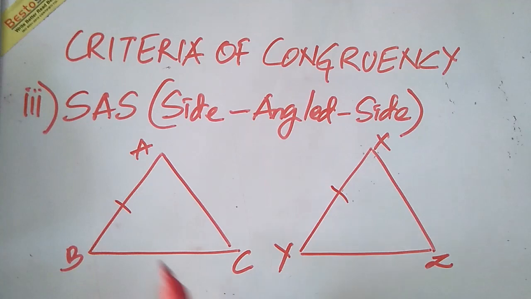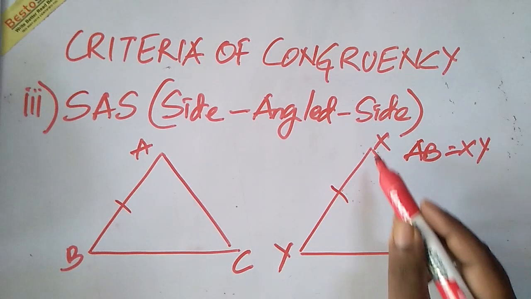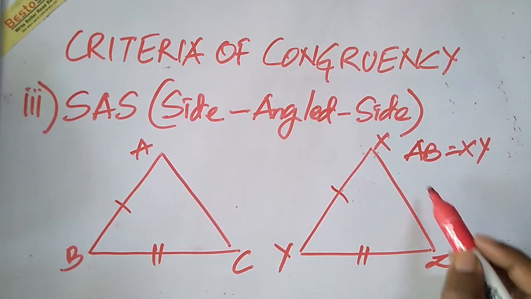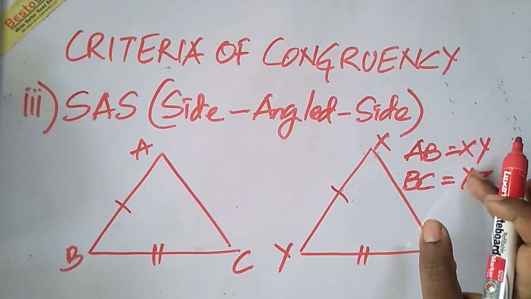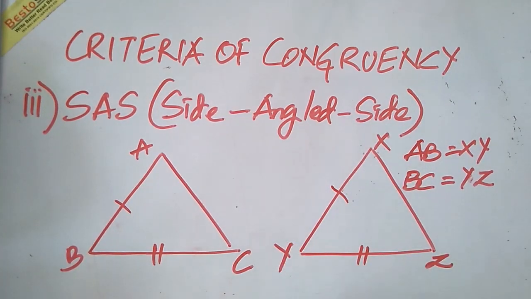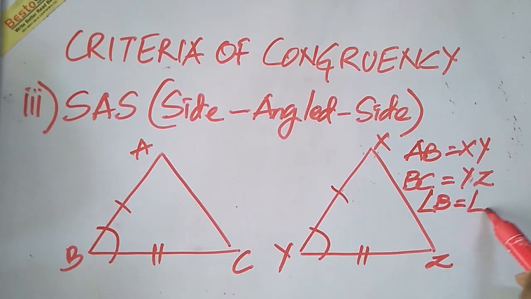So let's say that side AB is equal to side XY, and side BC is equal to side YZ. And the other one is angle, and let us say that angle B is equal to angle Y. So I'll write it as angle B is equal to angle Y.